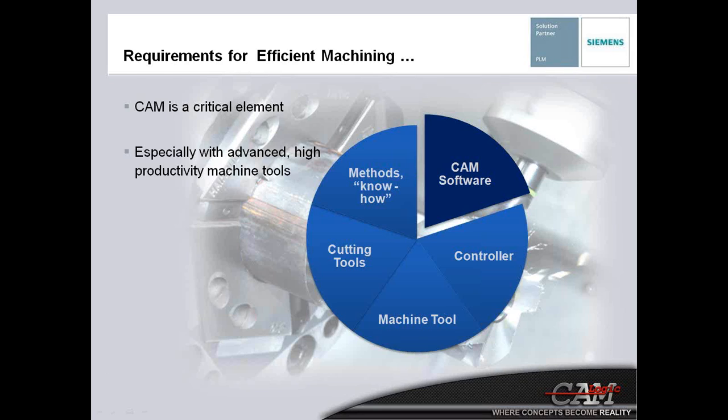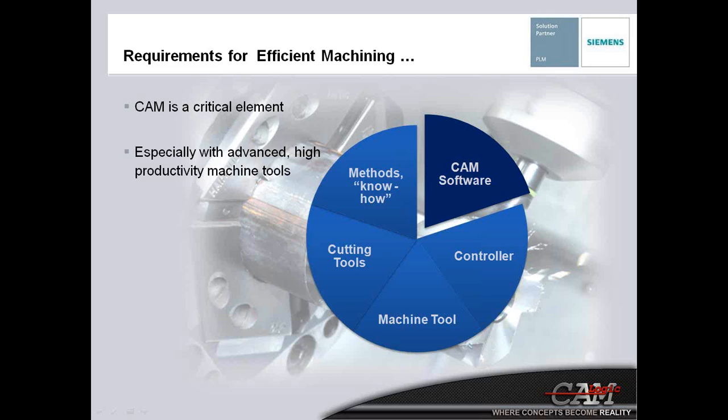So this is one of my favorite slides of this deck here. CAM is a critical element to the entire manufacturing part. For instance, we've seen it where companies or owners will go out and spend a good portion on a machine tool that has a great controller, maybe spend a little bit less on cutting tools, and then expect us programmers to just program it manually and expect the machine to be running at its fullest capability, right?